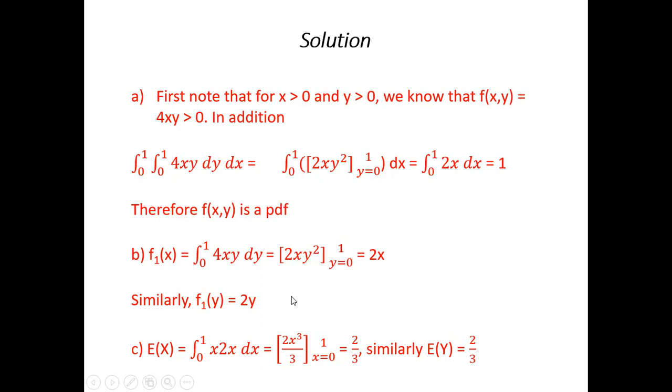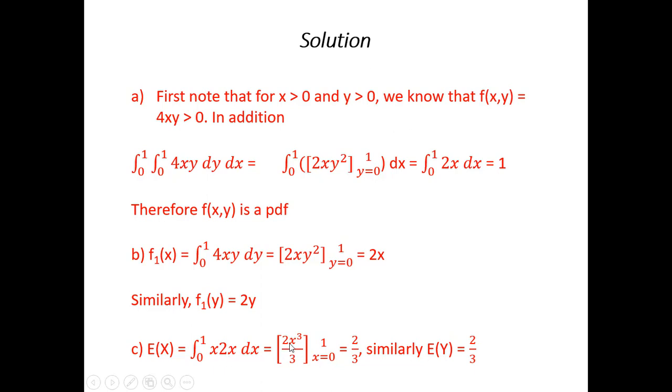In part C, we're interested in finding the expectation of x. We can do this by integrating x times f1 of x, the marginal PDF with respect to x, which we calculated up here. So our integral is from 0 to 1, x times 2x dx, so this would be 2x squared.